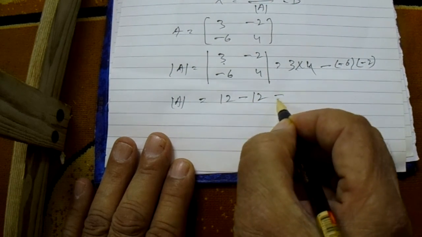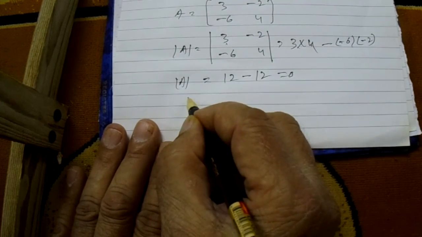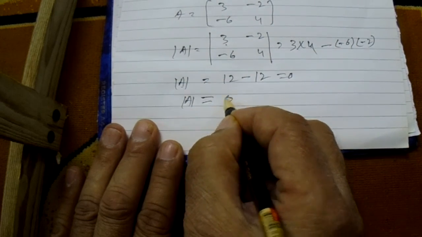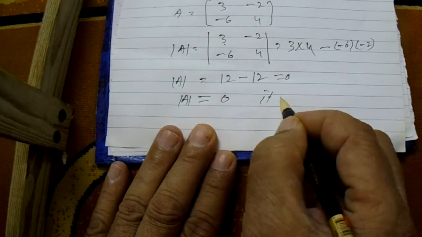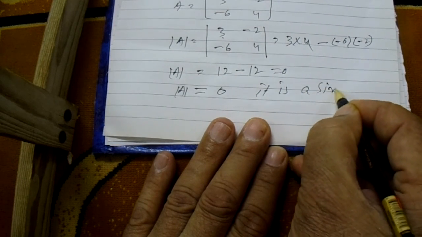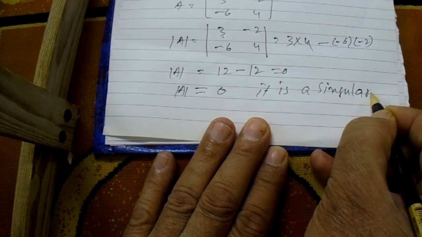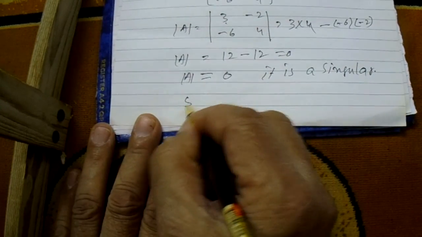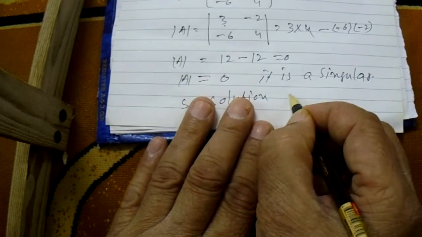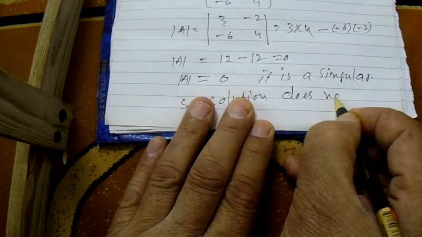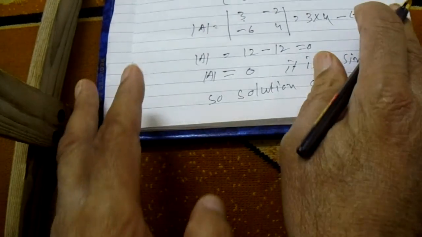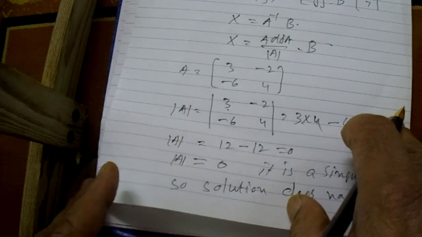Now 12 minus 12 is equal to 0, and because determinant A is equal to 0, it is a singular matrix. So the solution does not exist, in the inversion method and also in the Cramer's rule method.